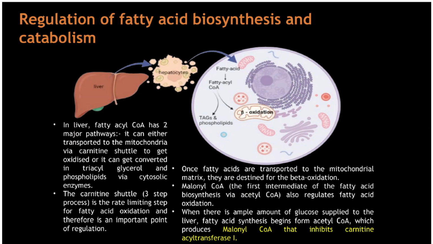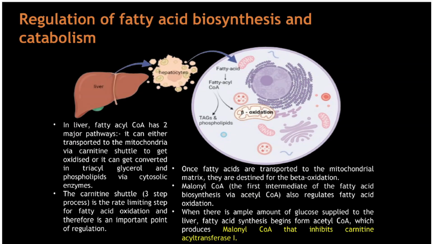The second thing which can happen with this fatty acyl coenzyme A is it can get converted into triacylglycerols and phospholipids via cytosolic enzymes. We also need phospholipids because they are the core component of the cell membrane that we have. So obviously either it can get oxidized or it can form the phospholipid.